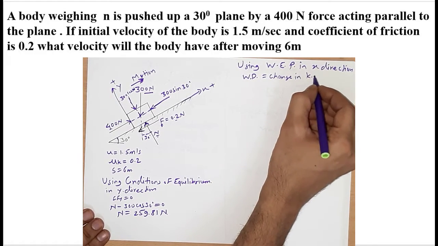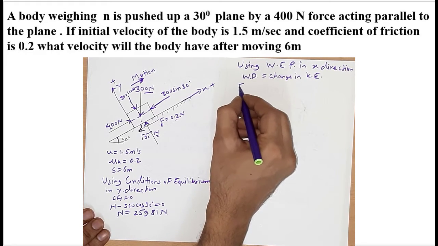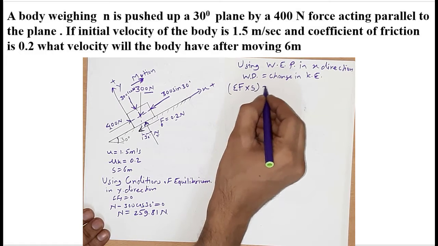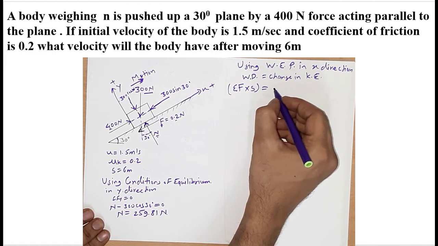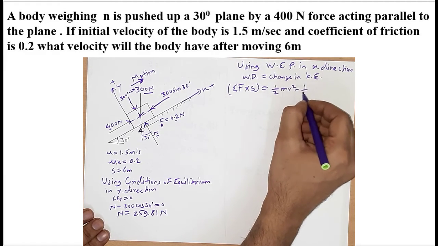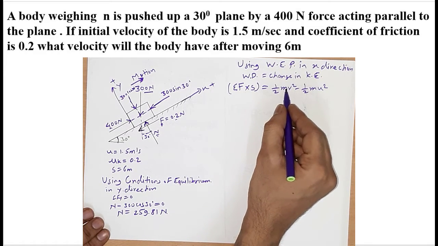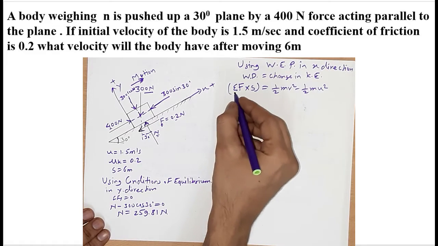For work done we write the summation of force multiplied by the displacement. The change in kinetic energy is the final kinetic energy minus the initial kinetic energy, that is half m v square minus half m u square. Taking half m common, that will be half m into bracket v square minus u square.